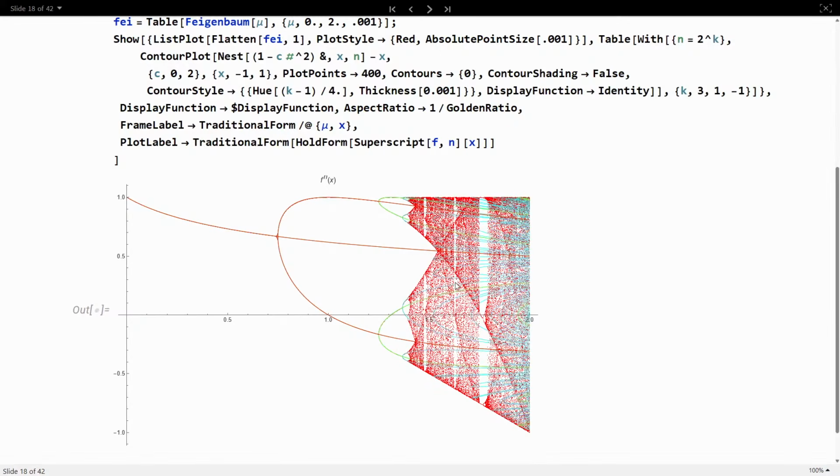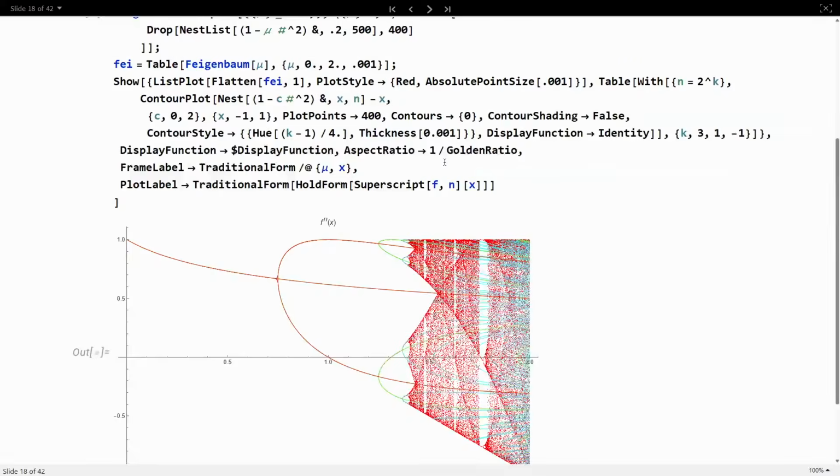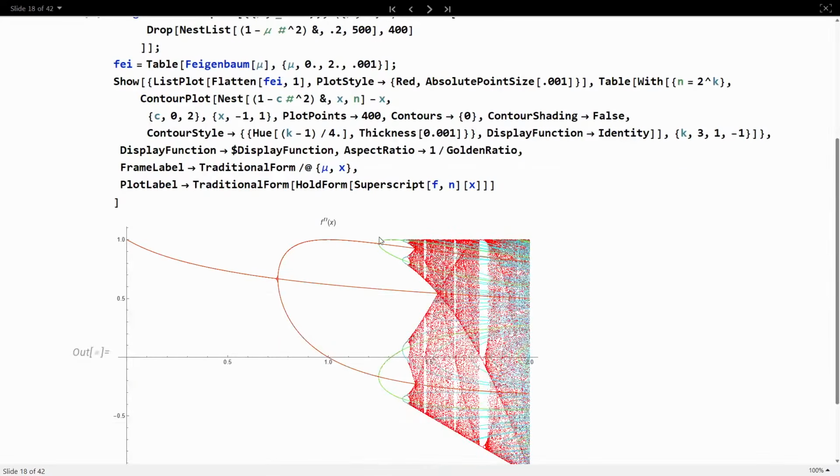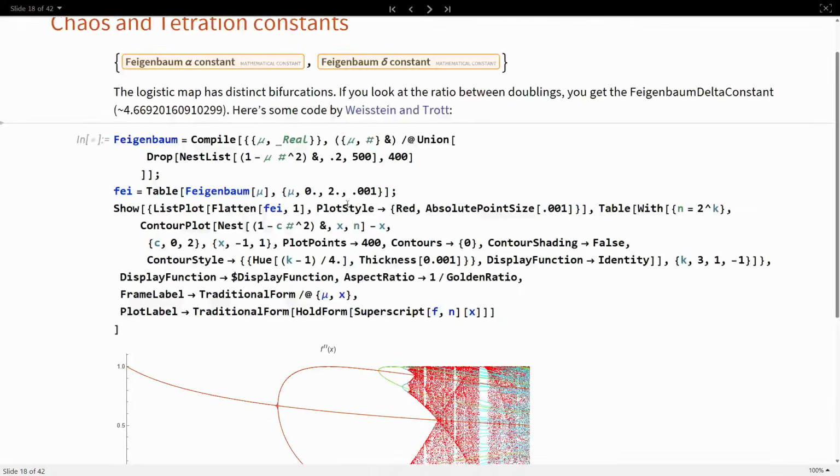The red dots are random values in the logistic map, and these curves here in green and blue show where the period doublings are. And Feigenbaum was looking at these ratios between the period doublings, and he noticed that they go to this constant, and it now is named after him as the Feigenbaum constant.